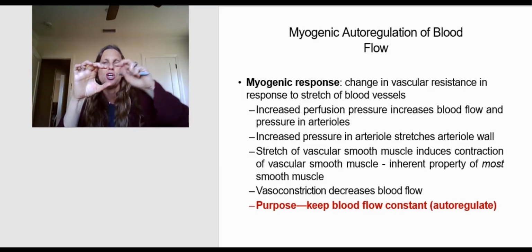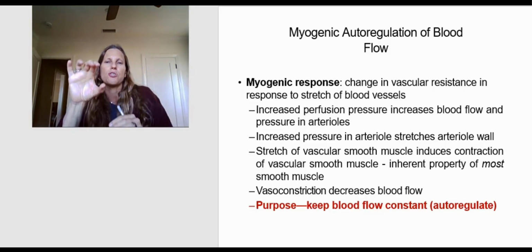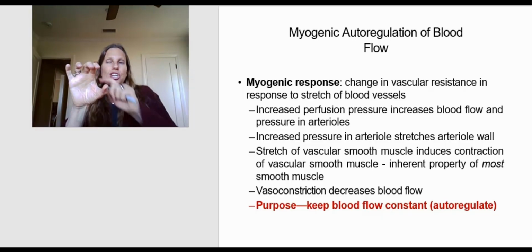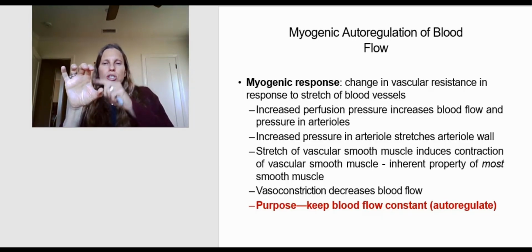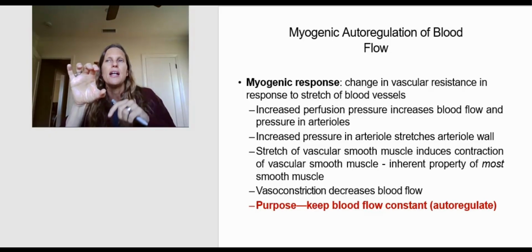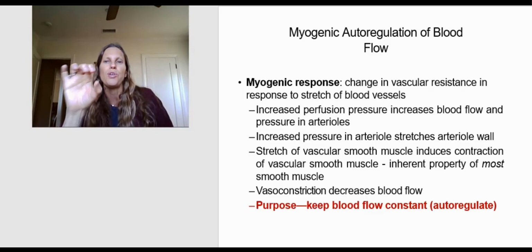The arterial wall is a tube, right? You put more fluid in there at higher pressure, it causes the vessel wall to stretch a little bit. That little bit of stretch, these are like stretch sensitive receptors built in, will cause a reflexive contraction.